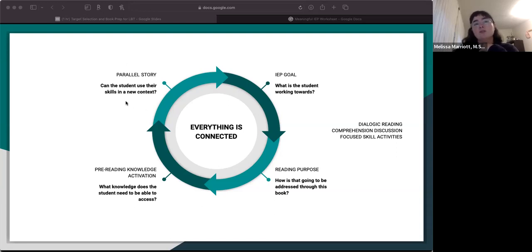Once we have done this parallel story and figured out what skills they have and how they are using these skills in a new context, that then informs, back to the IEP goal: how have they done, right? This is my progress monitoring. Do they need to continue working on this goal? Is it time to move on to a higher level, or maybe they need more support than I thought they would need? So this process happens in a cycle, but these three elements fit however you need them to fit.